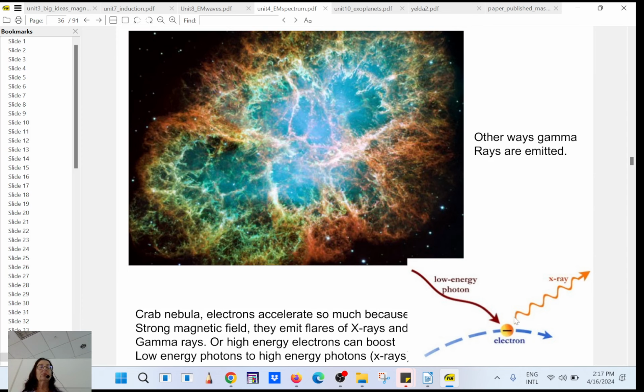But there is no difference between a red photon, a gamma ray, an X-ray in space, in a vacuum. They all go at the same speed. It's not the same when they go through glass. When they go through a prism, blue does not have the same speed as red, so it depends on the wavelength. But in space, they all go at the same speed.